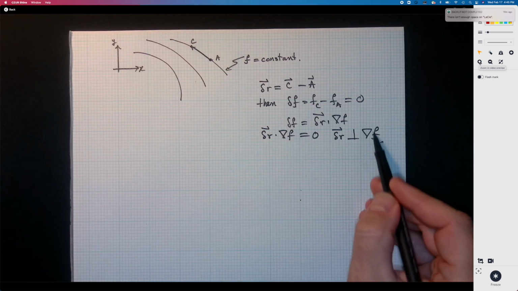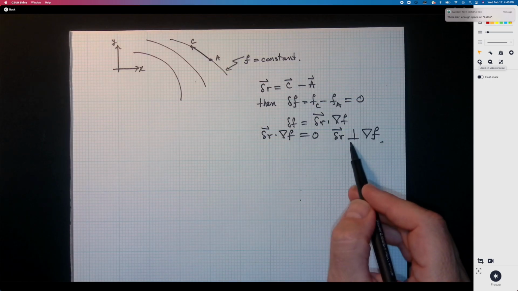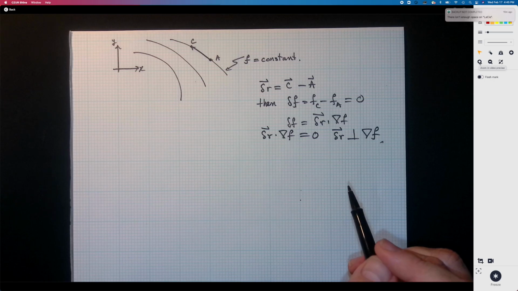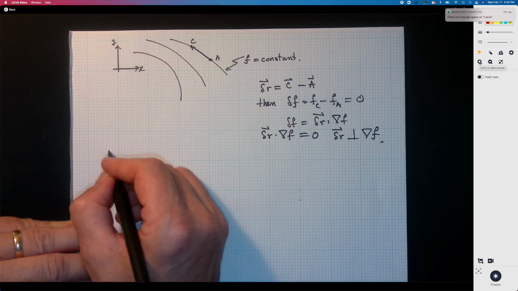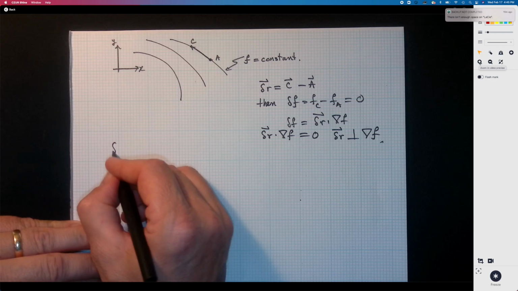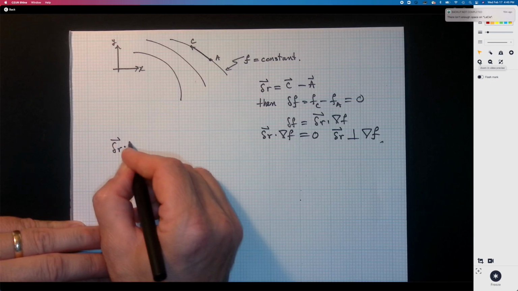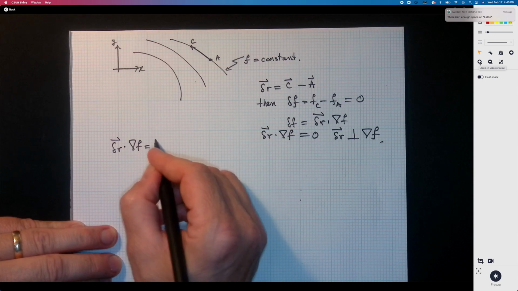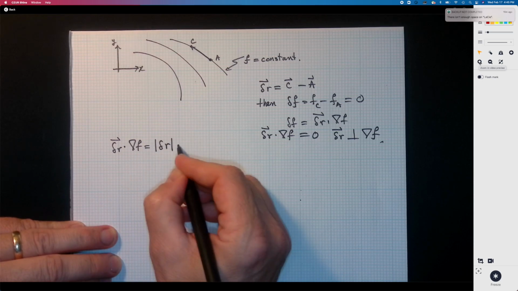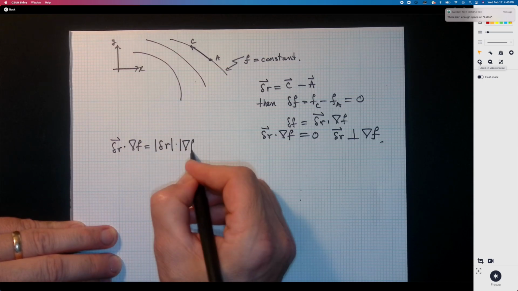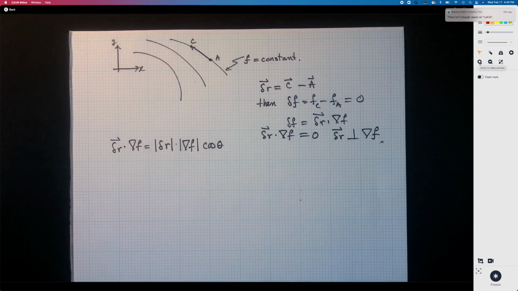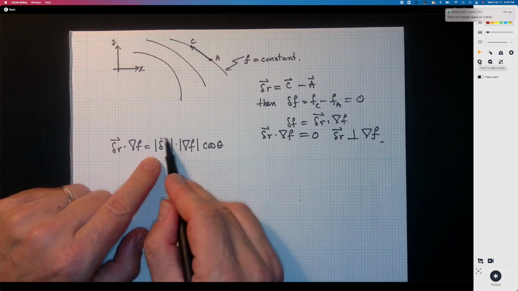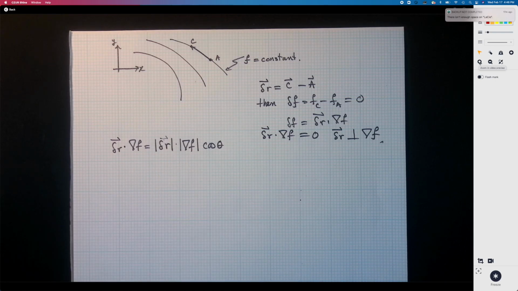So grad f is pointing in the direction perpendicular to a line of constant f. And in fact, if we use the expression for the dot product, delta r dotted with grad f can be written as the magnitude of delta r times the magnitude of grad f times the cosine of the angle between the vector delta r and the vector grad f.